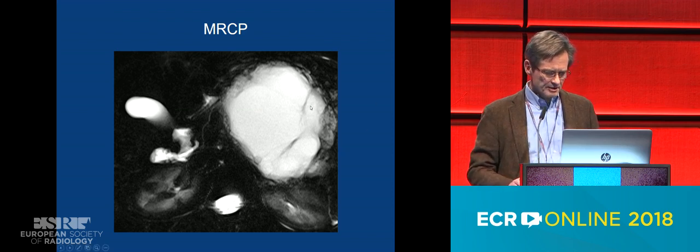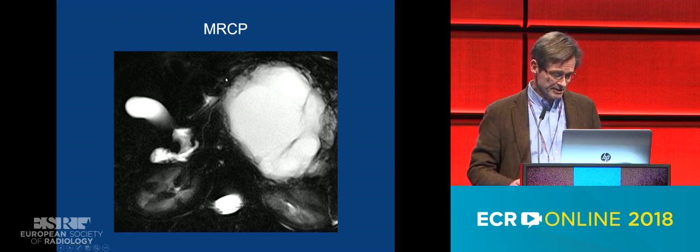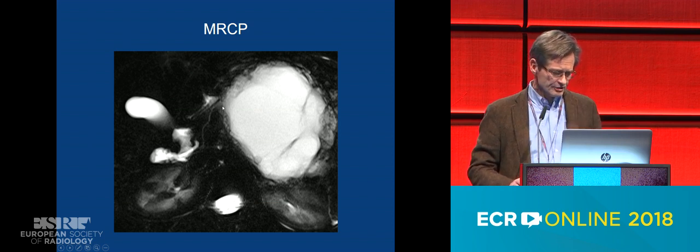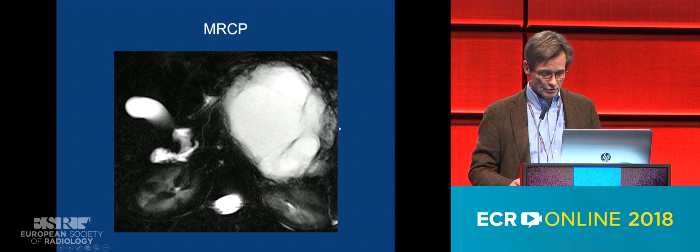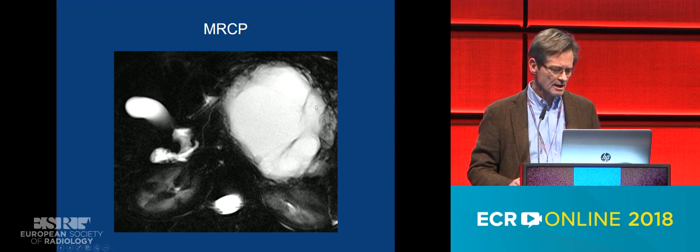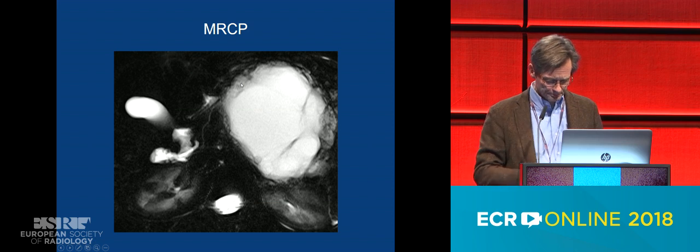The MRCP, which in this case doesn't have any added value, just showed that the mass is quite large, but mainly it's a cystic lesion. We are dealing with a very long echo time, and the main pancreatic duct that you may see here downstream to this large lesion is normal.